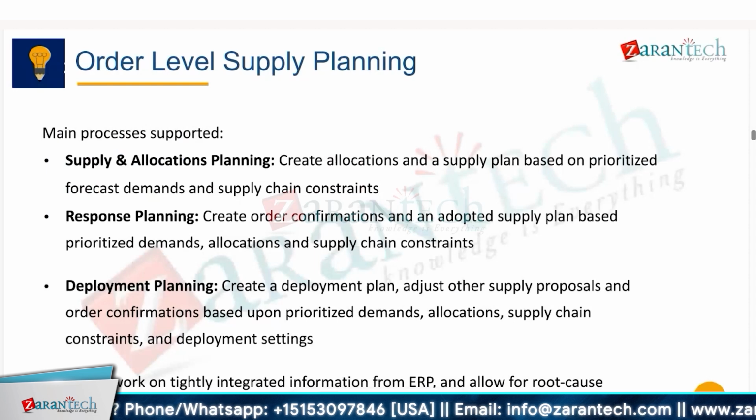Response planning, meaning creating the order confirmation and adapting the sales order based on the availability of the material and giving the commitments to the customer service team as well as to the customer based on the availability of the material, so that at the end the customer gets the product when they were actually promised in the beginning.